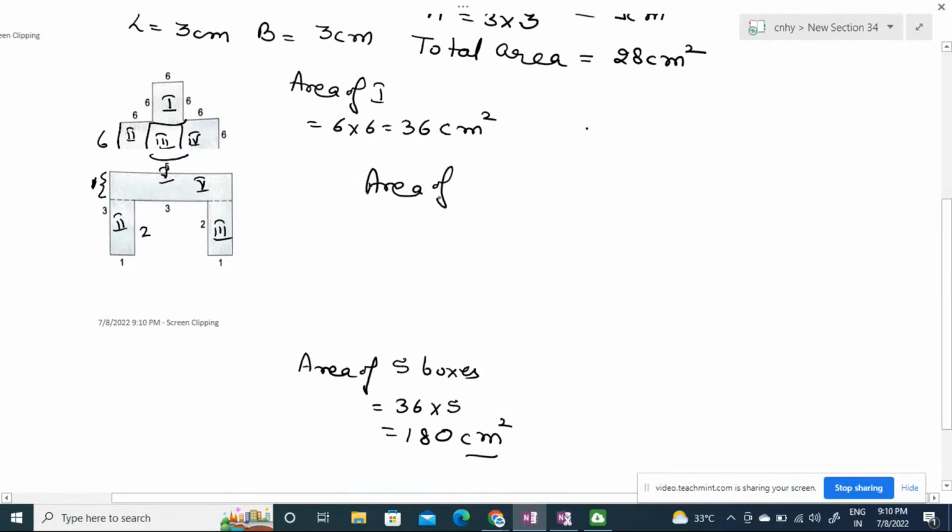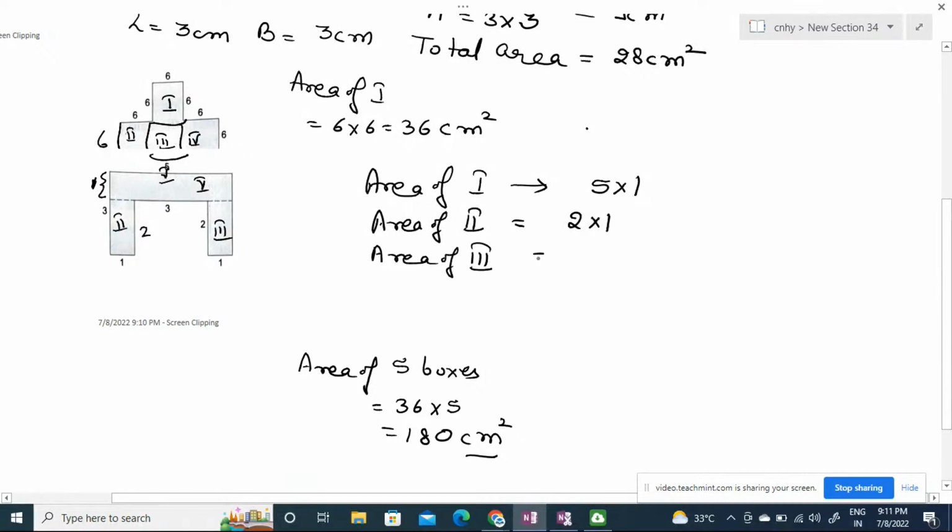So area of first, area of 1 is 5 into 1. Area of 2 and 3 is the same because the dimensions are the same. So it becomes 2 into 1 and 2 into 1 each.